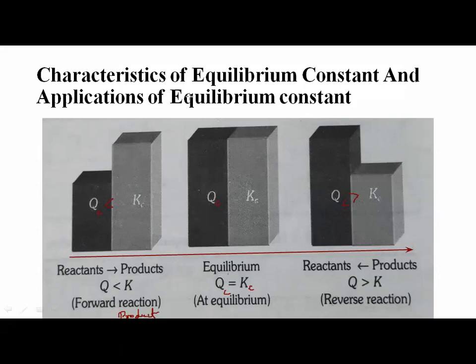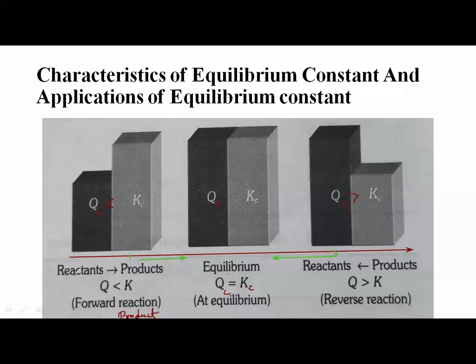If Qc is less than Kc, Qc is somewhere here, therefore the reaction will proceed in the forward direction so that equilibrium is attained. If Qc is more than Kc, it is somewhere here, then the reaction will proceed in the backward direction to attain equilibrium.